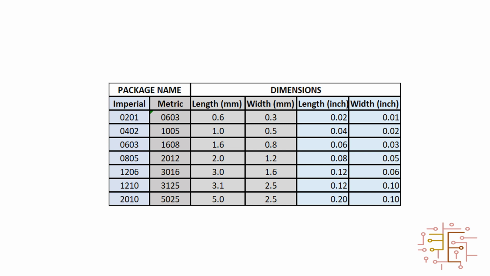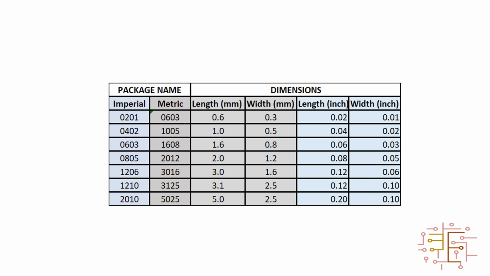Now with regard to the metric system, that 0201 imperial package is referred to as 0603 metric package. 0603 metric package has a dimension of 0.6 mm by 0.3 mm, and a 0402 imperial package has 1005 metric package name. It has a dimension of 1.0 mm by 0.5 mm.